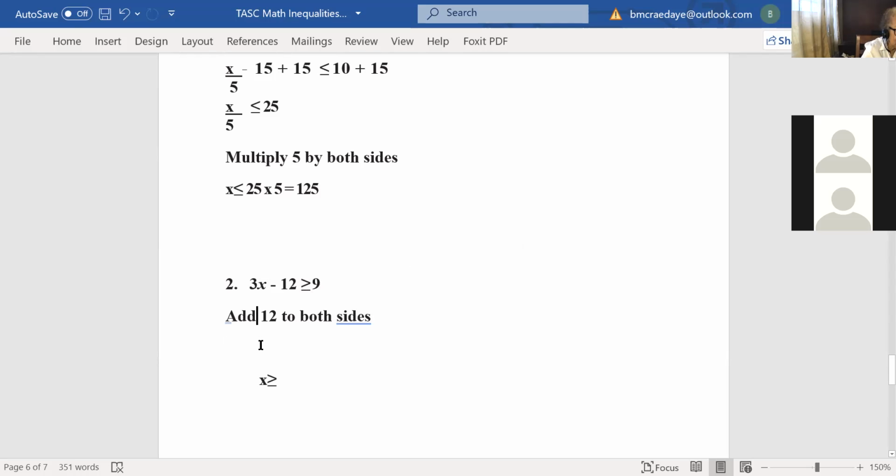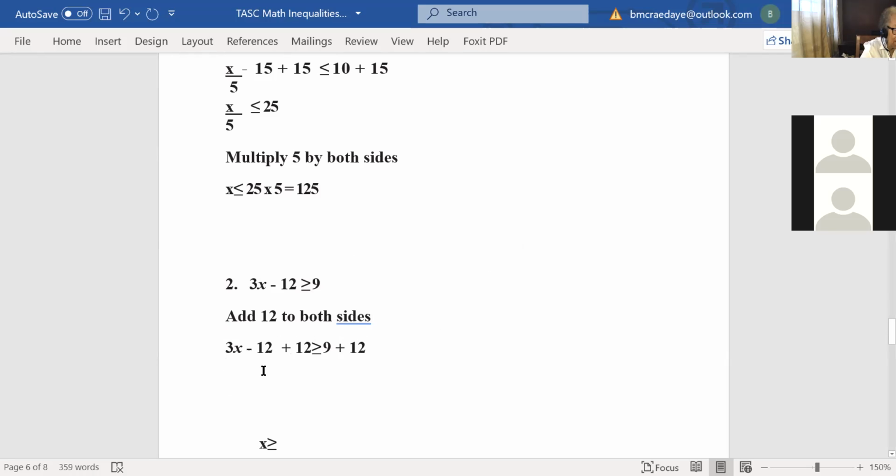Now let's just put the 12 added to both sides. So we add 12 on the left side. So that would be plus 12. And then we add 12 over on the right side. That would be plus 12.